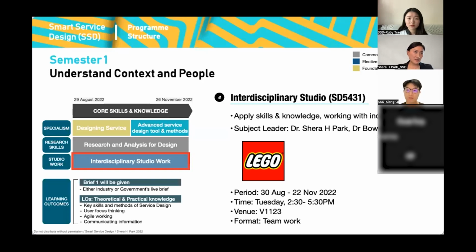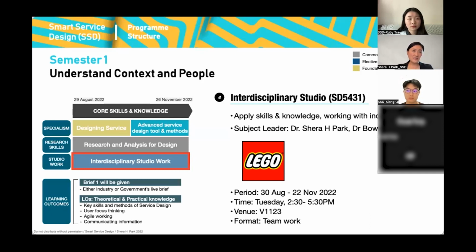While you are studying the specialisms and the research skill, there's a studio work running together. So which means that you learn from the specialism subject as well as research skill subject, but at the same time, there's opportunity you can actually apply this knowledge and skill into the practice. So we call it interdisciplinary studio.